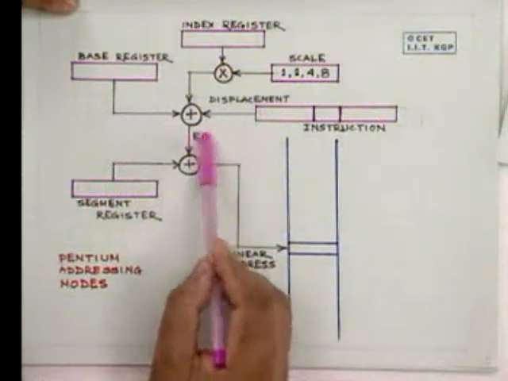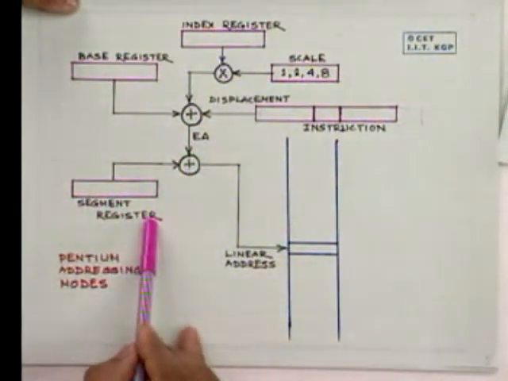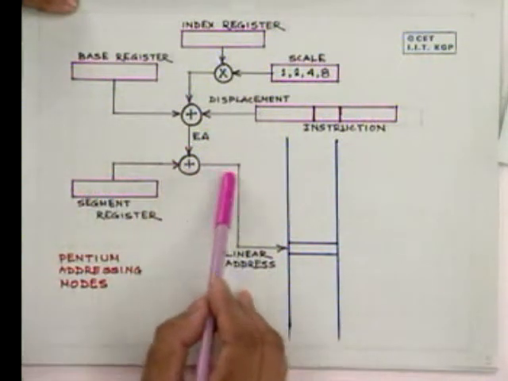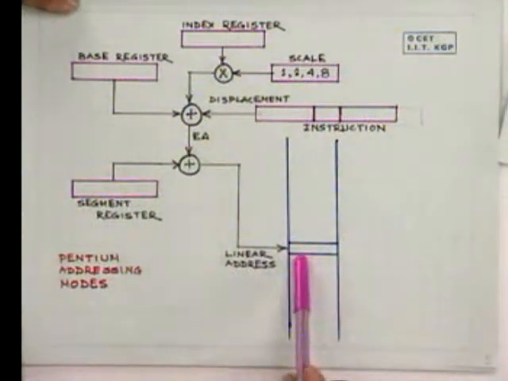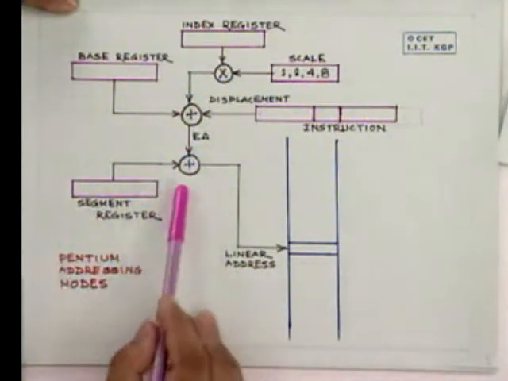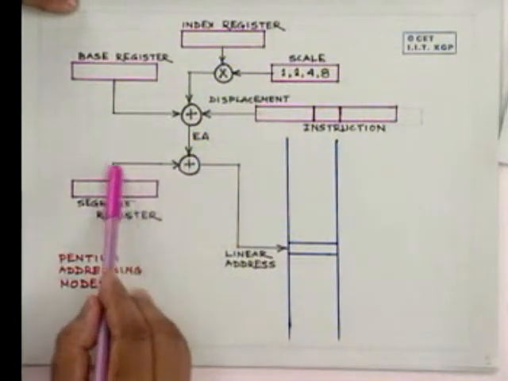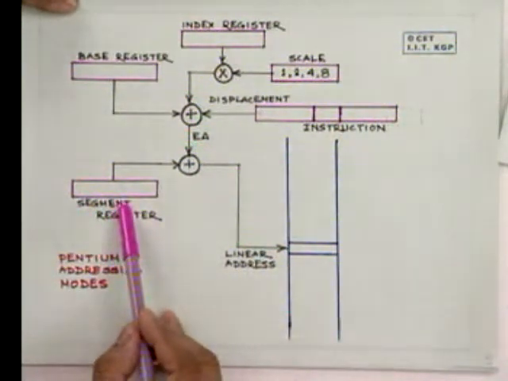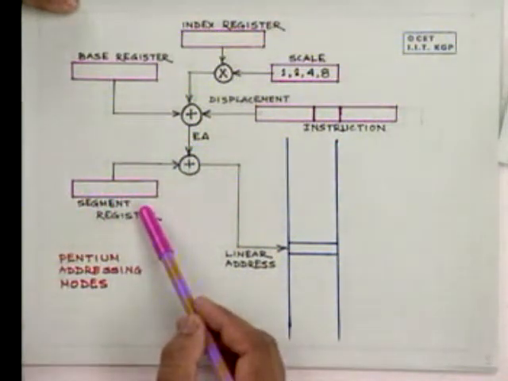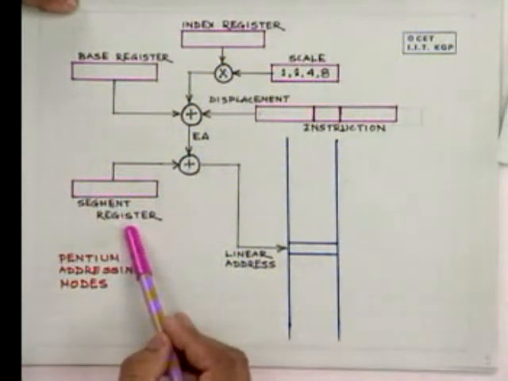Once you get that effective address, it is added with the content of a segment register, and a linear address is obtained. Though we have somewhat simplified the segment register portion here, in the case of a Pentium, corresponding to a program module there can be 6 segments, and the segment register in fact points to a segment descriptor.